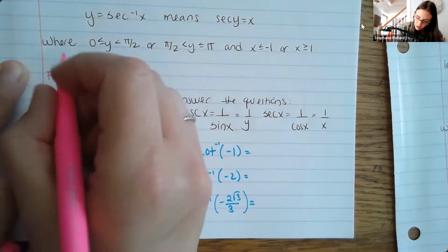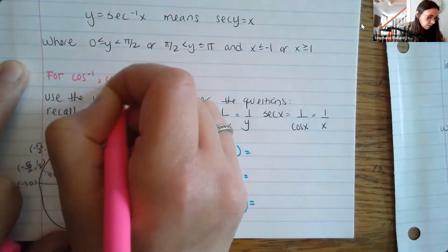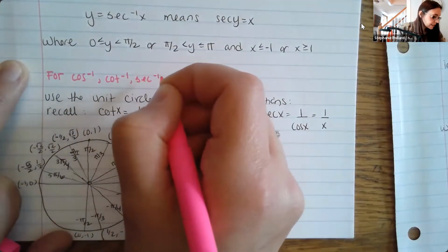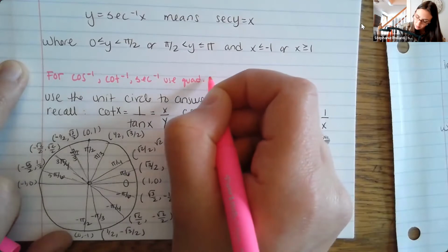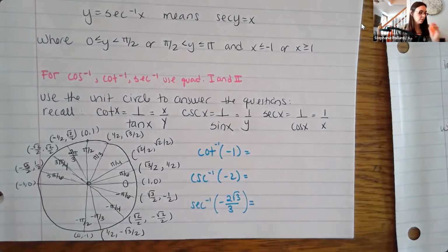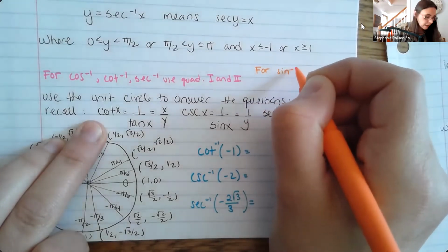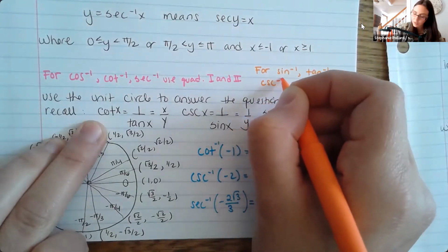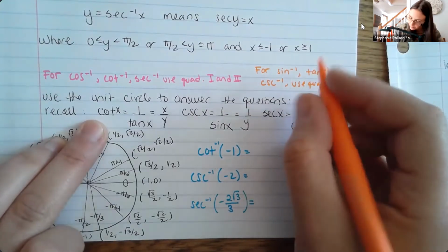So for, and I'm going to just write it in shorthand here, inverse cosine, inverse cotangent, and inverse secant, excuse me, you're going to mainly use quadrants 1 and 2, and then for inverse sine, inverse tangent, and inverse cosecant, you're going to use quadrants 1 and 4.